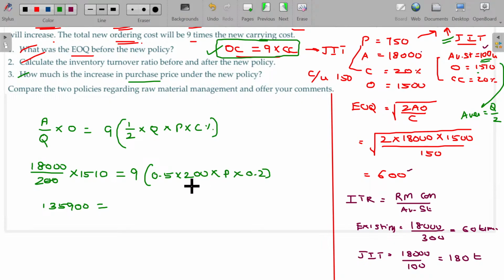Finish off the right hand side value: 0.5 into 200, 100; 100 into 0.2, 20; 20 into 9, 180P.